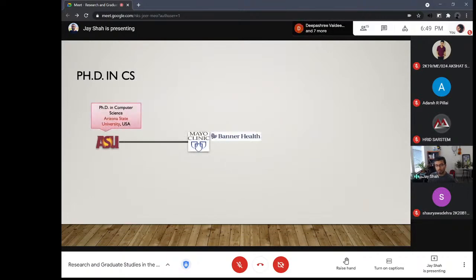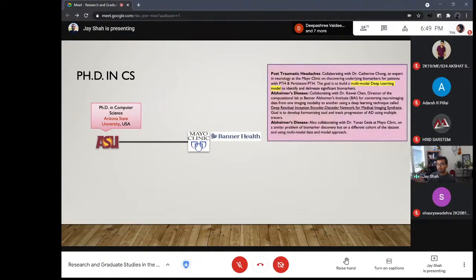So yeah, as I was explaining, there are these three projects that I'm currently involved with, which are on neurodegenerative diseases. The beauty about these projects, apart from the medical significance, when we see how AI can play a role, is the idea of multi-modal deep learning.